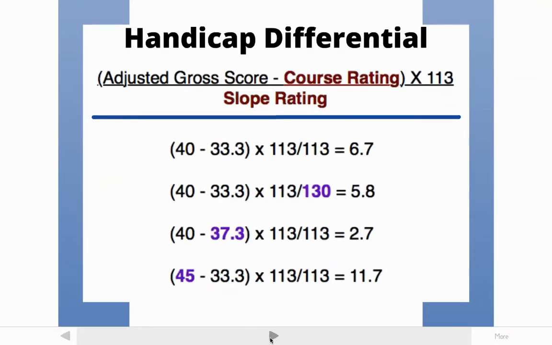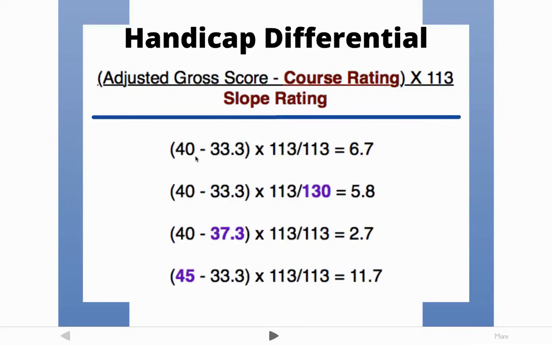I just want to come back to the handicap differential slide just to show you basically how adjustments in some of these variables affect the overall handicap differential on a given round.